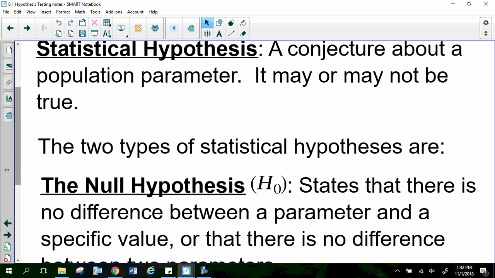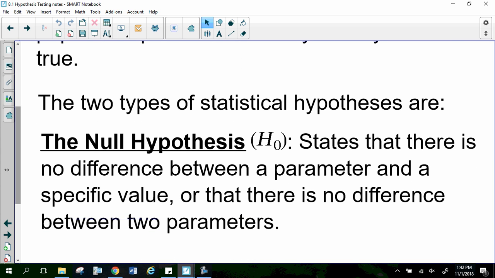We have 2 types of statistical hypotheses that you are going to write each time. The first one is called the null hypothesis, H naught. This is how you read that, H sub 0, H naught. That is going to state that there is no difference between a parameter and a specific value, or that there is no difference between 2 parameters.